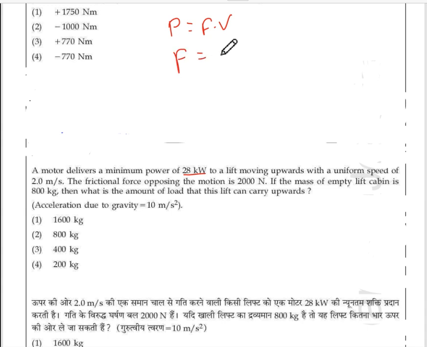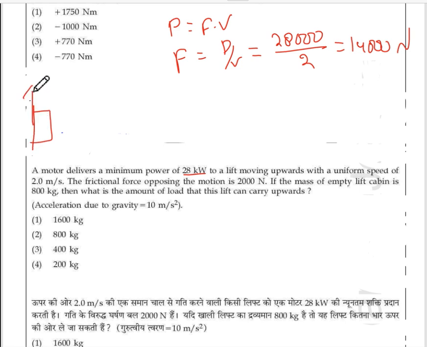So the force will become power by velocity. 20 kilowatt means 20,000 watt, divided by 2 meter per second while it is moving upward.